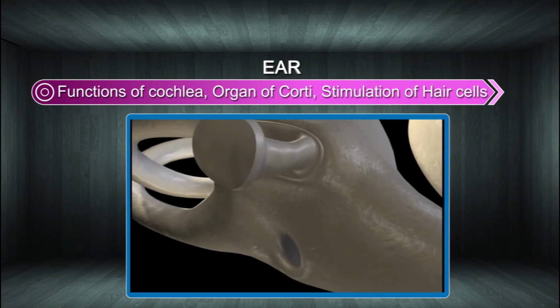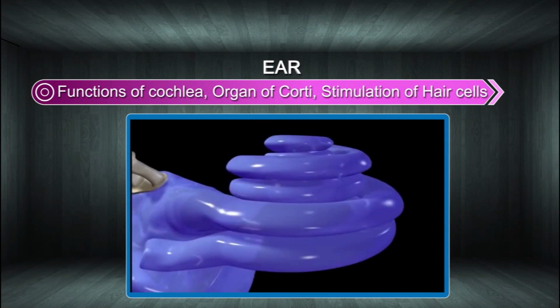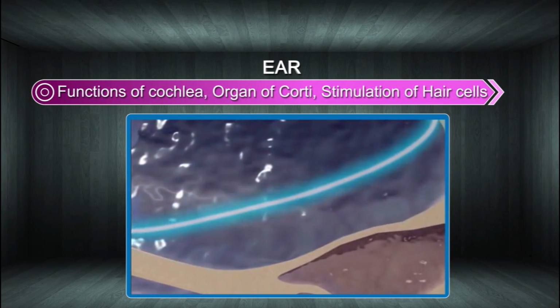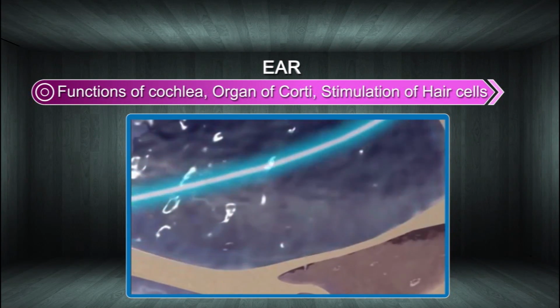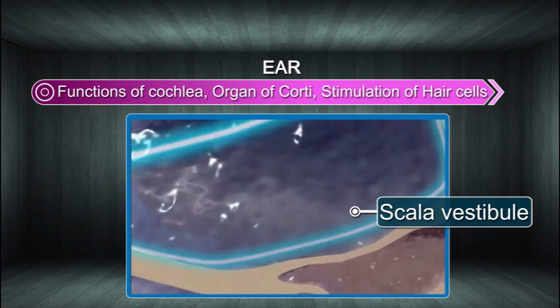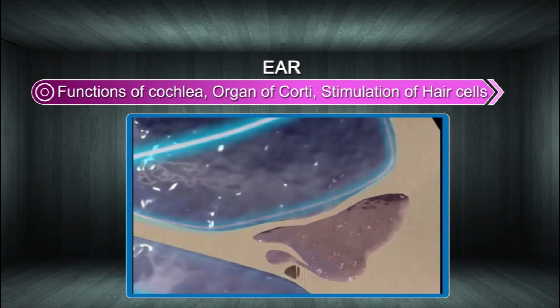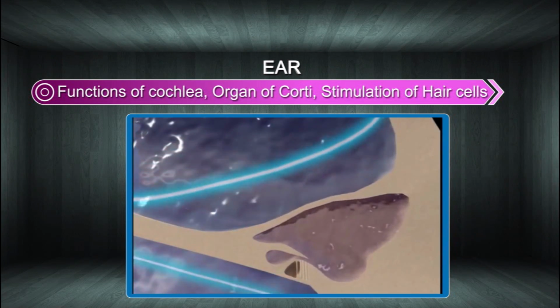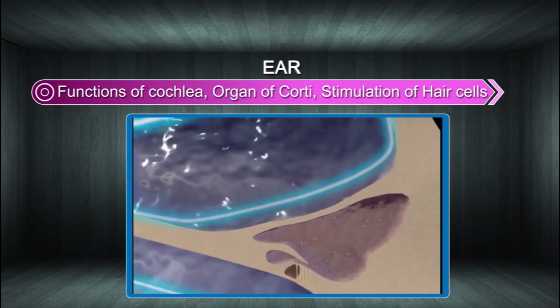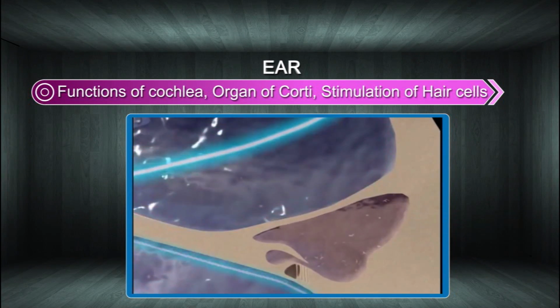When the foot plate of the stapes move, it sets up a series of waves in the perilymph of the scala vestibuli. This in turn vibrates the vestibular membrane and hence the endolymph in the scala media.